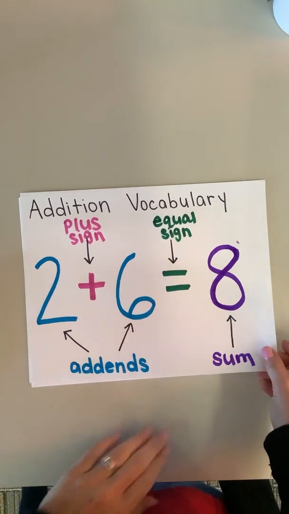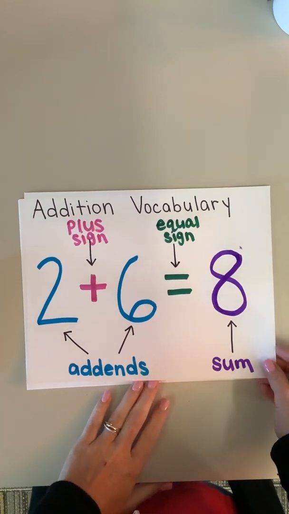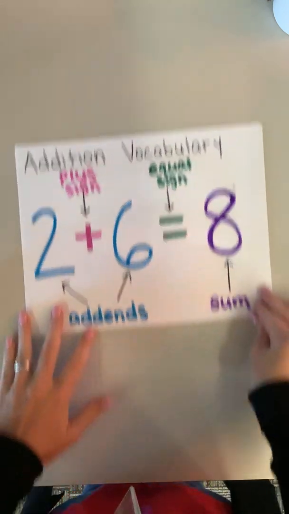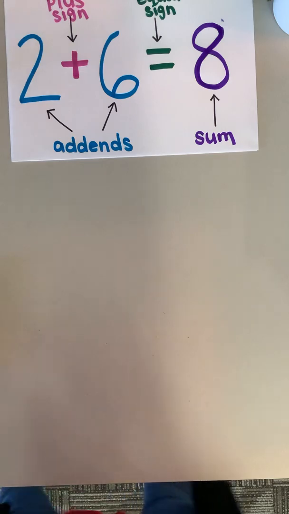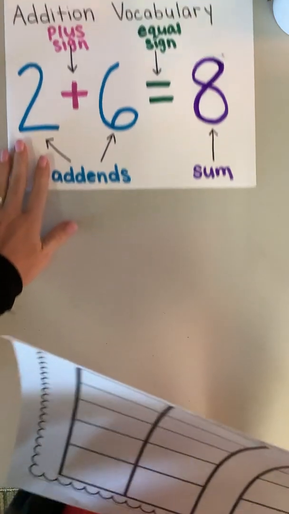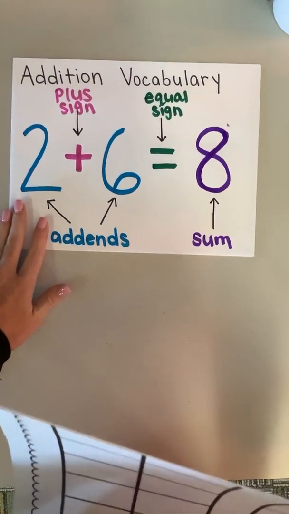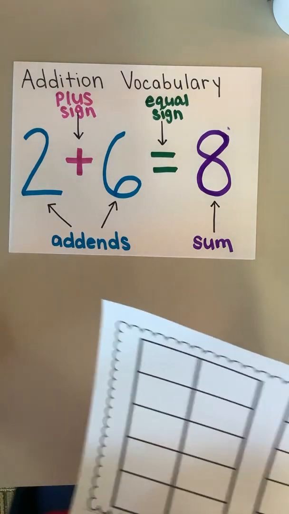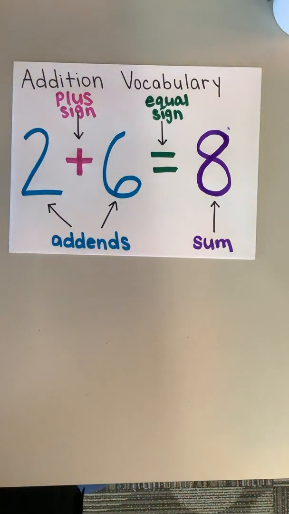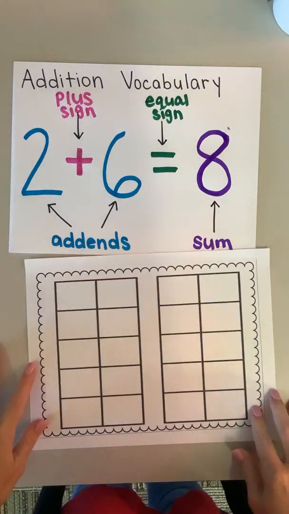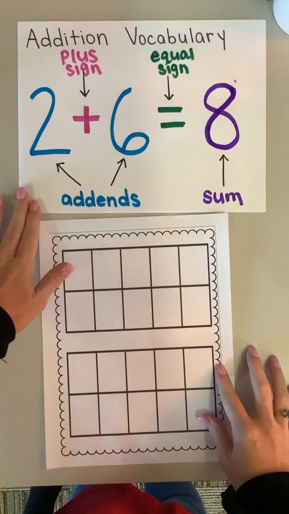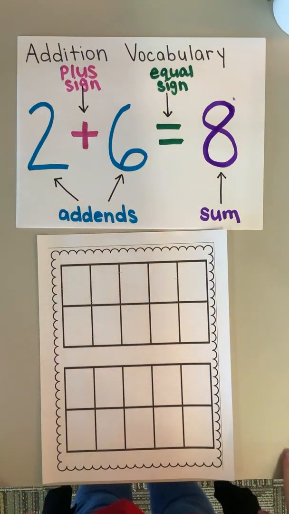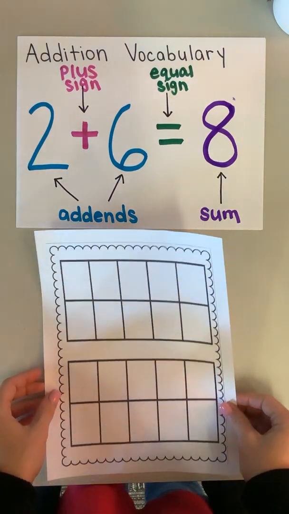Okay, we have gone over our vocabulary, so the next thing I want to do is show you 2 things that we're going to be using today in math. These 2 things you should have picked up from your designer in your materials bag. The first thing is our 20s frames. You should have a piece of paper in the bag that your designer gave you that looks like this.